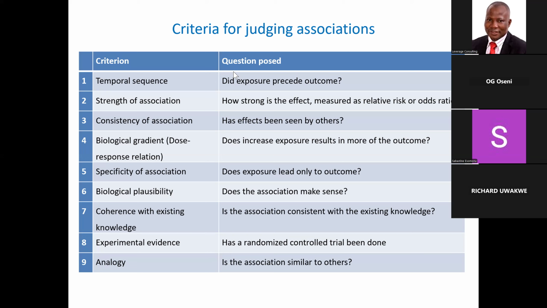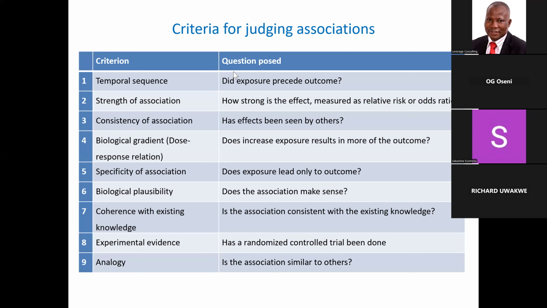The second one is the strength of association. How strong is the effect, measured as relative risk or odds ratio? If you say the odds ratio is 2, it's different from when it is 10. 10 is stronger than 2. It's different from when it is 15. So you have to look at the effect.